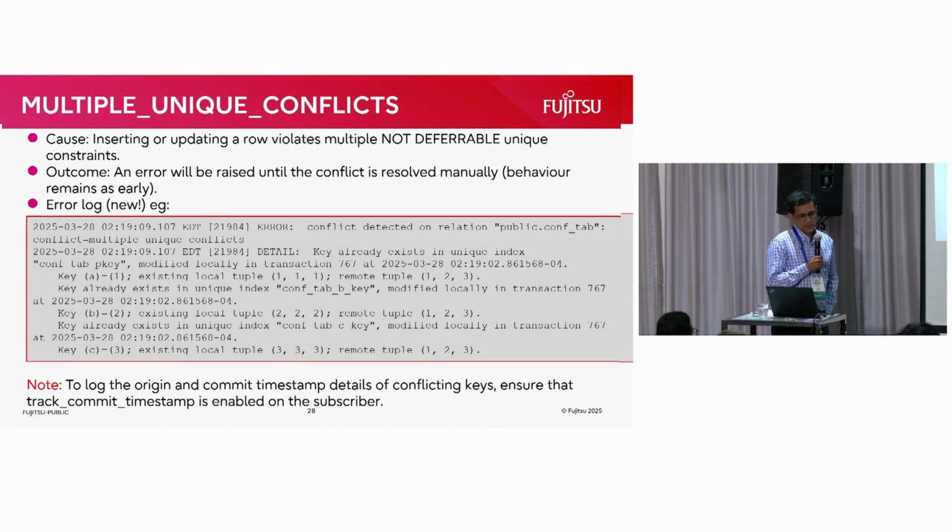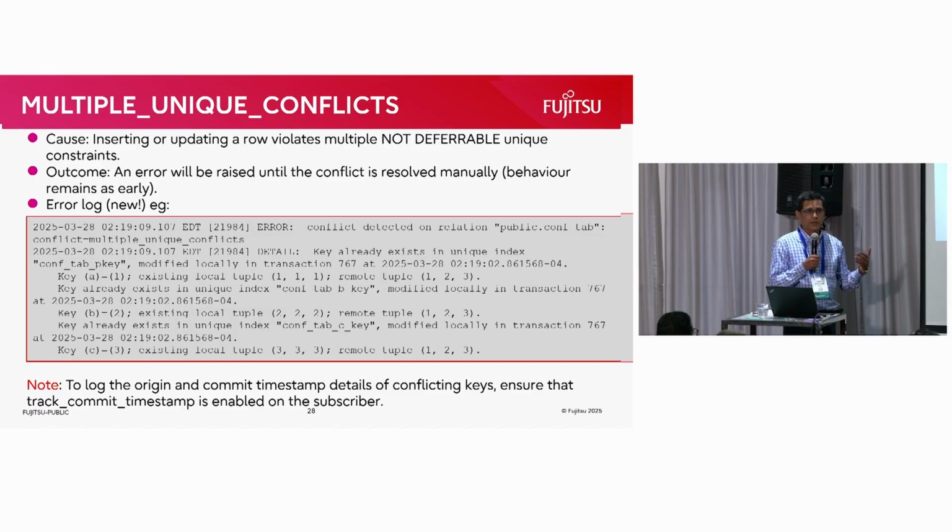Finally, there's another one called multiple unique conflicts. That's when any update or insert could result in conflicts on multiple rows. So we've classified one kind of conflict to handle all multiple conflicts happening together on a single operation. That's called multiple unique conflicts.